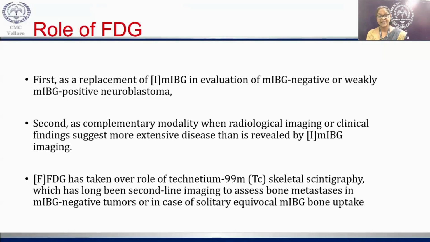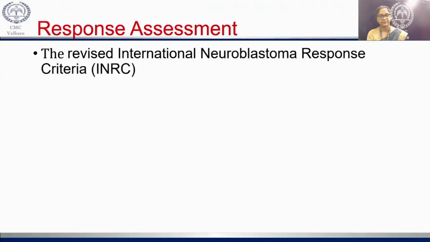Fluorodeoxyglucose PET has taken over the role of technetium 99m MDP bone scan scintigraphy, which has long been second-line imaging to assess bone metastasis in MIBG negative tumors or in case of solitary equivocal MIBG bone uptake.